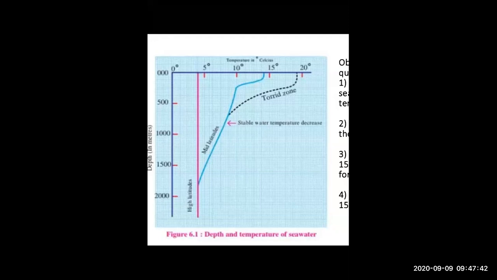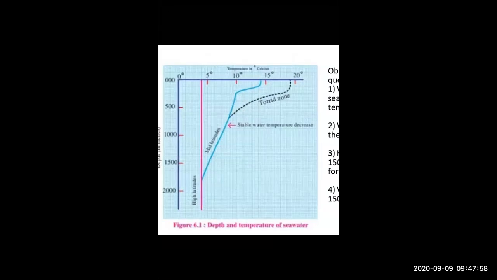Okay, someone is saying they never heard these names. So there are two types of current, cold ocean current and warm ocean current. The surface temperature of cold ocean current is less, and the surface temperature of warm ocean current is more.